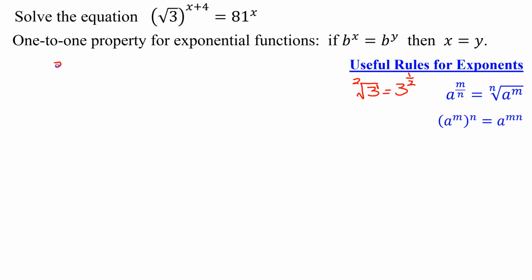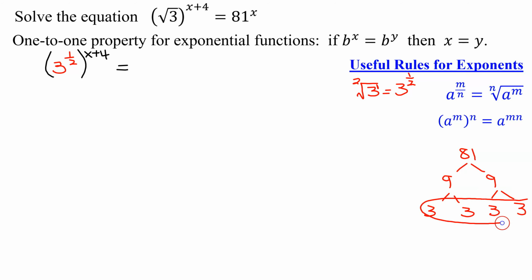So now the left-hand side of my equation is going to be 3 raised to the 1/2 power, all raised to the x plus 4, equals, now I've got to work on my 81. 81, remember, is 9 squared, or 9 times 9, and 9 is 3 times 3.